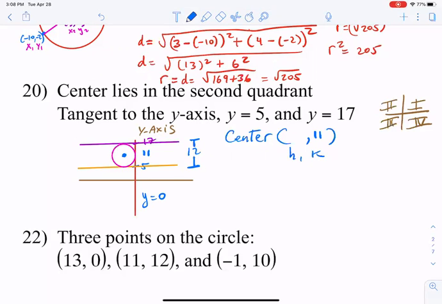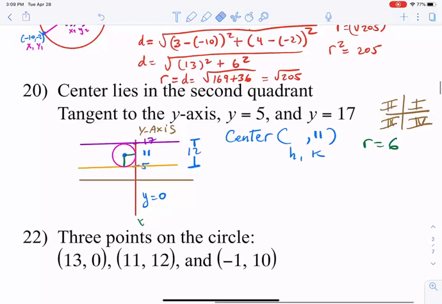The distance from here to here is 6 units, so the distance from here to here is also 6 units. So I can find the radius really quick, and I know the radius is 6. Then the other thing I need to do is find the x coordinate of that center.